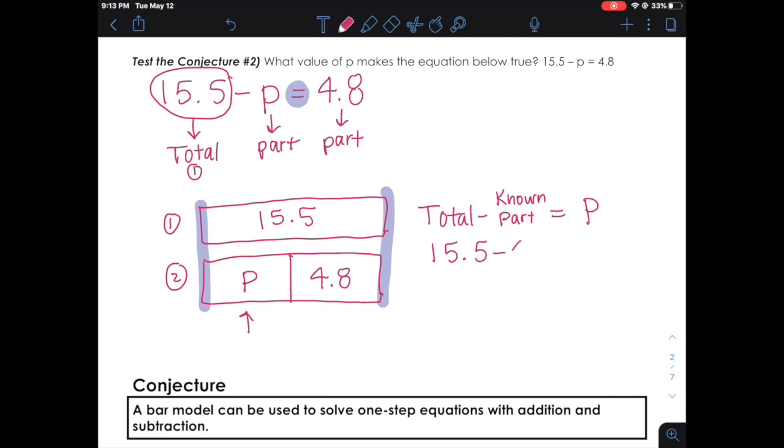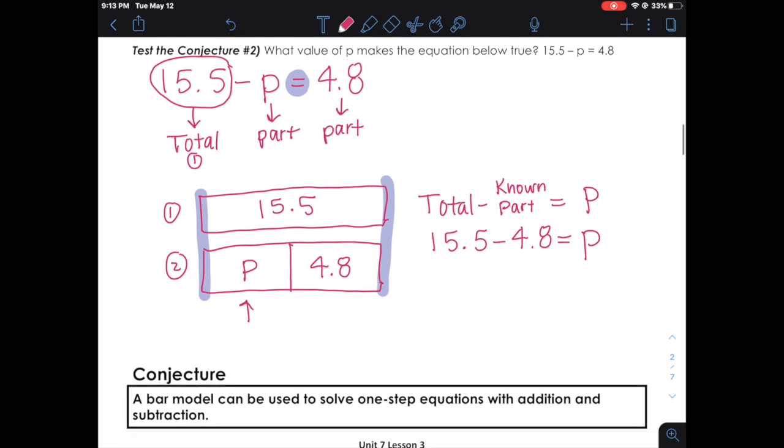The known part is 4.8, and that will equal P. So 15.5 minus 4.8 simplifies to 10.7. So P equals 10.7.